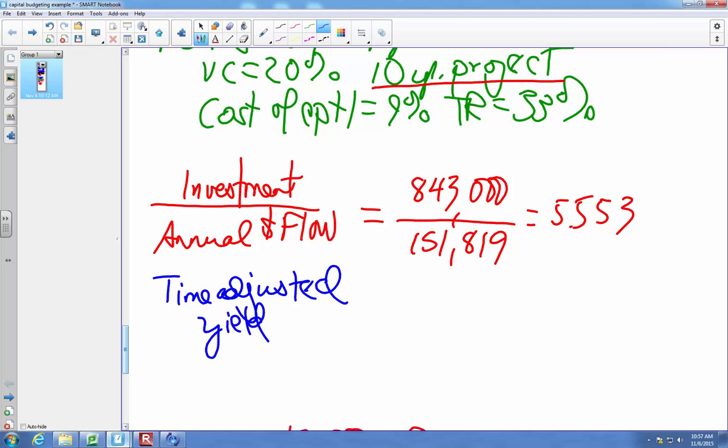So if I go to row 10 and I go across it, 5 point, looks like it's closest to 12%. Between 12 and 13. So how far is 5.65 from 5.553? So that's 0.097 off.